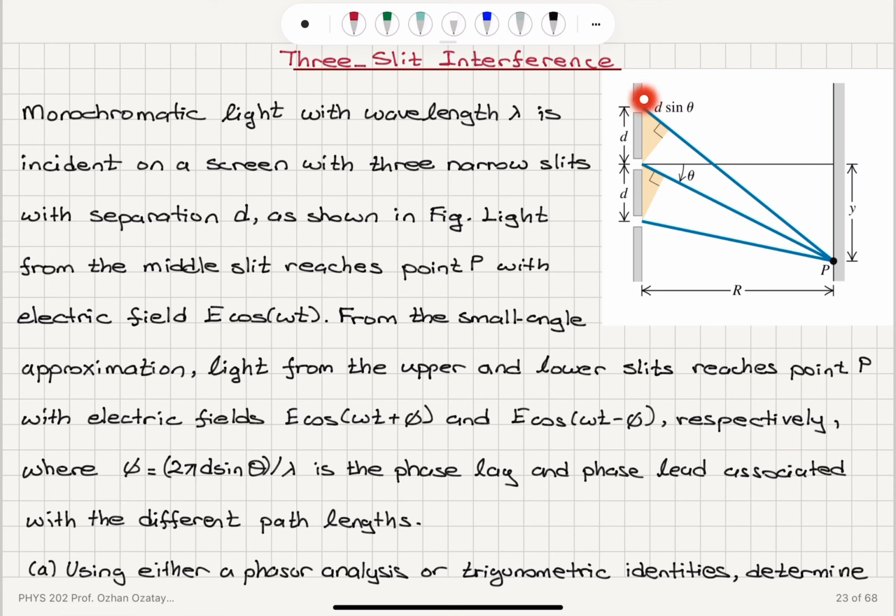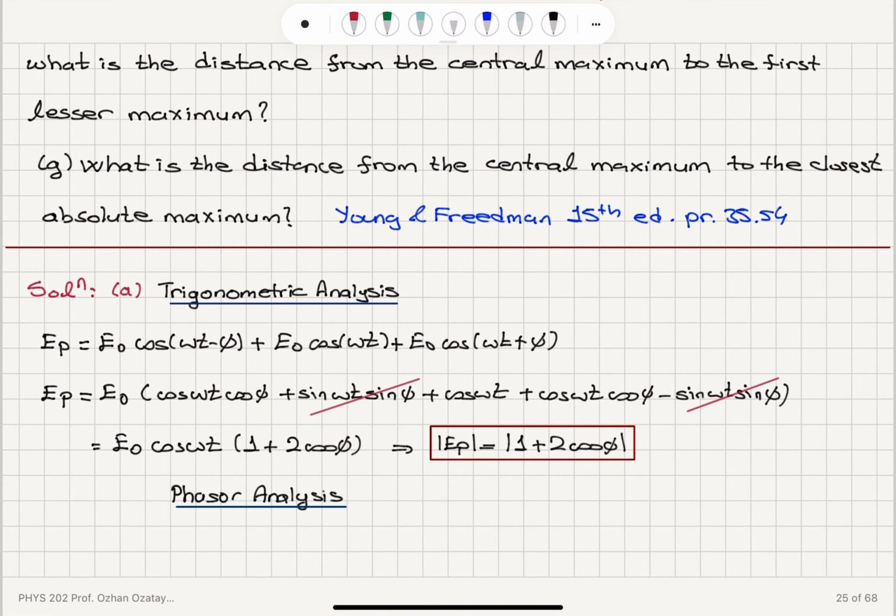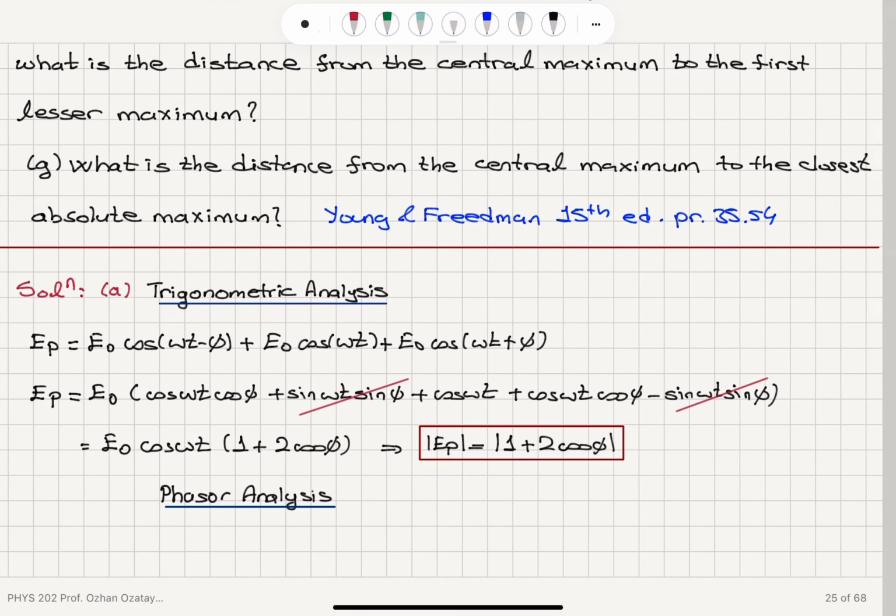We have d sine theta on one side and minus d sine theta on the other side, corresponding to plus phi and minus phi phase differences for the rays reaching point P. Now, using phasor analysis or trigonometric identities, we determine the total electric field. If we add up the electric field components, we see it's E0 cosine omega t times (1 plus 2 cosine phi), which has a magnitude 1 plus 2 cosine phi.